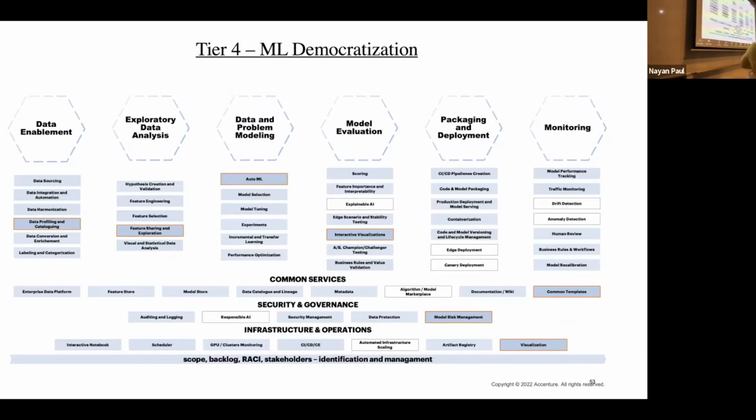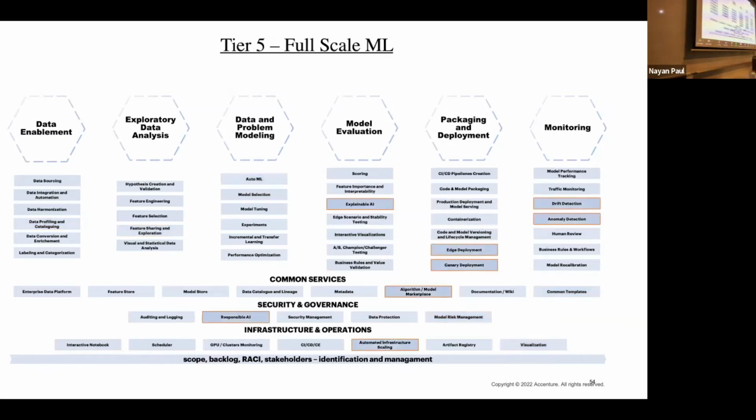You need a core group of data scientists, but you also need more democratized capability so that your speed to market is improved. And finally, the full scale ML, that's where everything comes back together. Based on the 6 capabilities, all the building blocks are done. This is where we think you have attained your maturity, and you can now continue maintaining this as a life cycle.